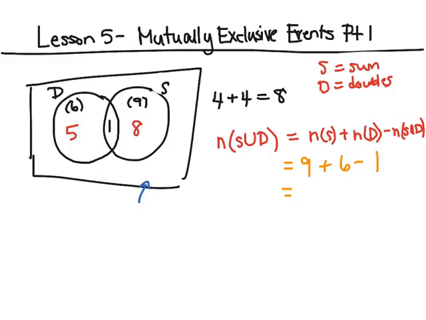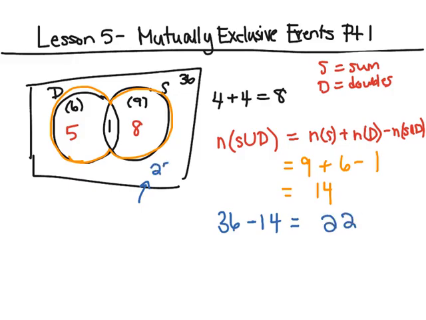So altogether, there's 14 ways to get in this area right here. We know our total number is 36. So to find out our outside number, we take 36 minus 14, which is 22. So there's 22 ways that you can't get doubles and you can't get a sum of 5 or 8.